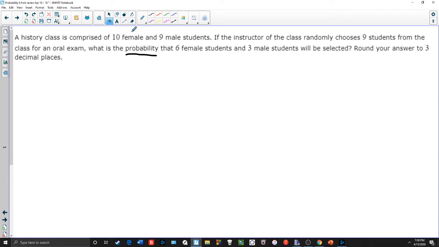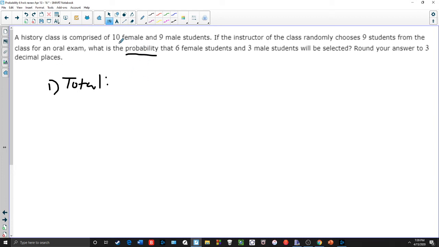So we break this usually into 3 parts. The first part is what we'll call total combinations: total ways that these things can be arranged. Now again, this is a combinations question because if you're picked for the exam, it doesn't matter whether you're picked first or last, you're still going to be taking the exam, right? So this is a combination because the order does not matter in this case.